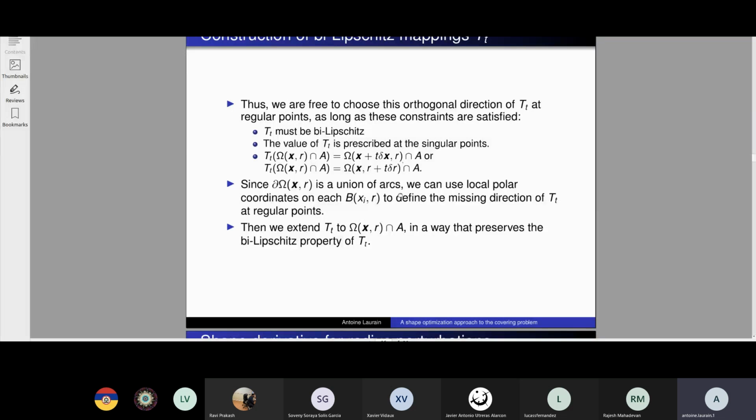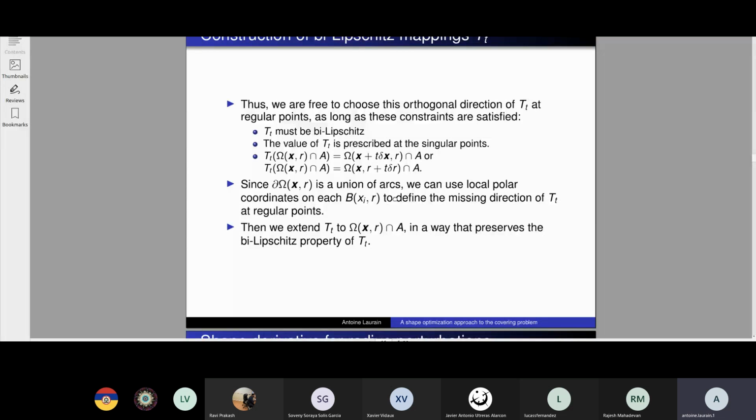And then we use the fact that d omega is a union of arcs. So this is quite practical because we can use local polar coordinates on each of the boundary of the disks. And in this way, we can do some kind of interpolation of the values using polar coordinates at the regular points.